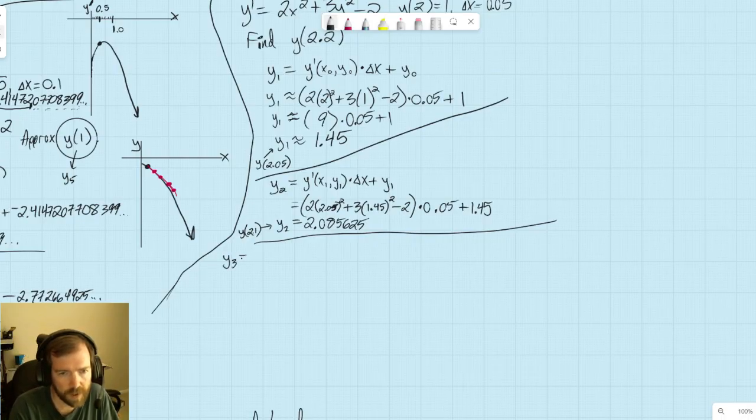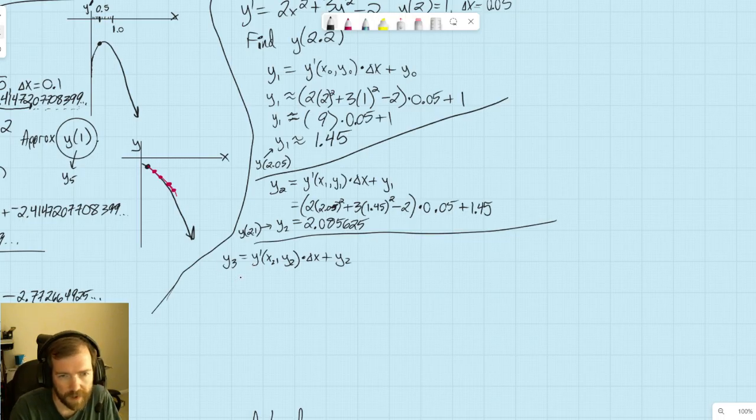Okay, y3 is equal to y prime at x2, y2 times delta x plus y2.